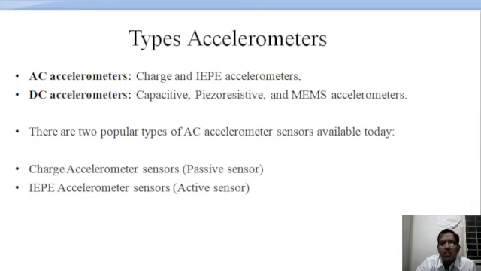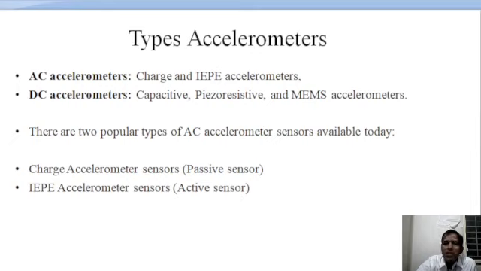Examples of AC accelerometers are charge type and IEP accelerometers, and examples of DC accelerometers are capacitive, piezoresistive and MEMS accelerometers.